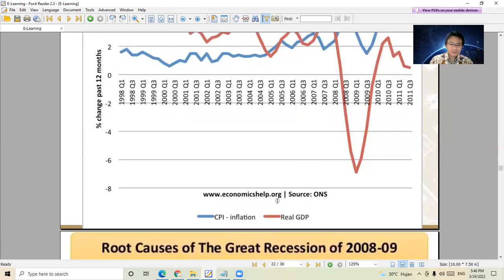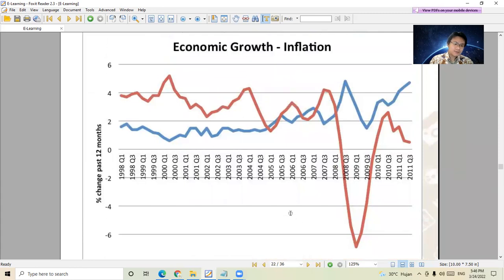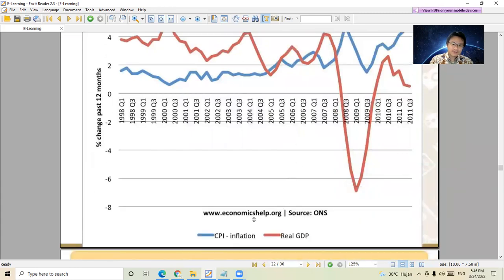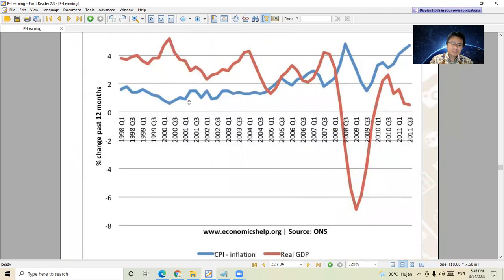That's why the GDP of the US, I think this is the United States data, really dropped in 2008 until 2009. Afterwards, they could recover.